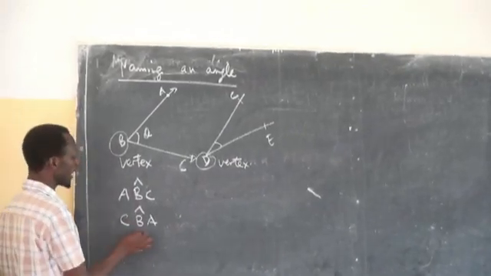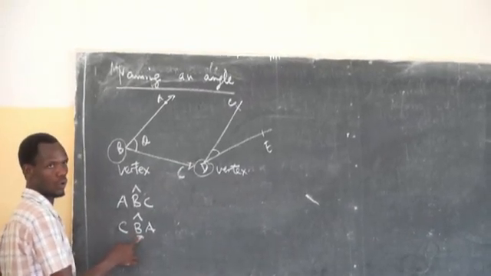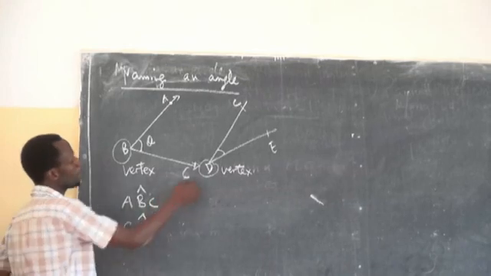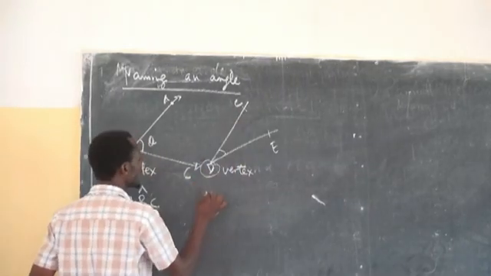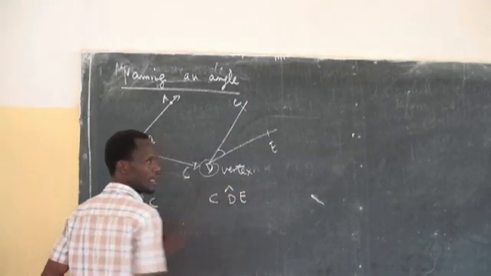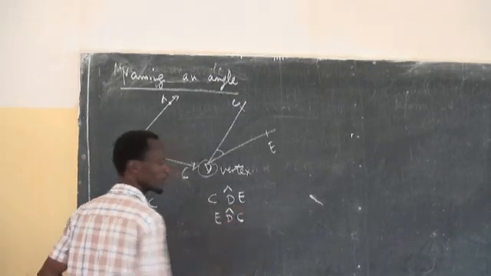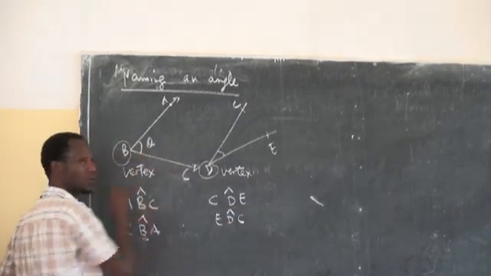What matters is that the letter at the vertex should be written in the middle. The same applies to this one. You may say C, D, E, but also E, D, C. So this is the name of this angle.